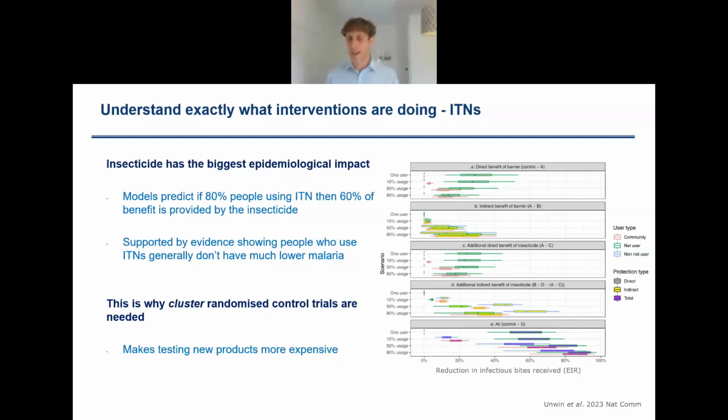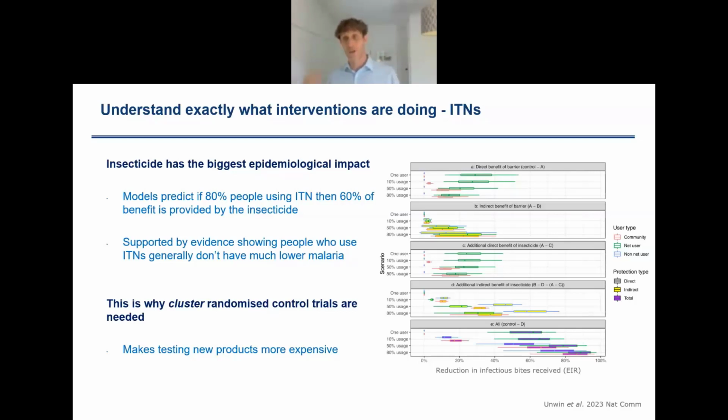Now you add the insecticide, and you get the added benefit of the insecticide and the barrier. You start seeing really big impacts, and actually, as you start moving to higher usages in the community, the vast majority of the protection, the vast majority of avoidance of malaria, is because effectively everybody else is killing the mosquitoes around you.